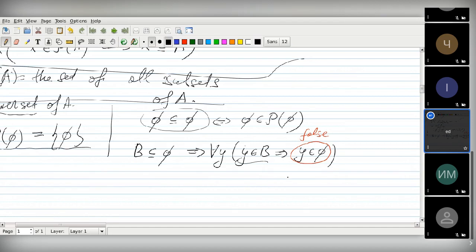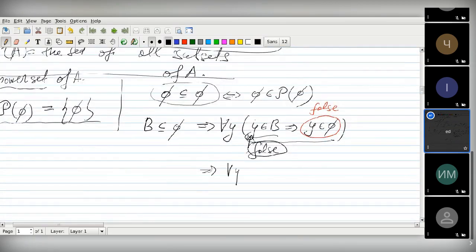From some statement, it follows falsity. May this statement be true? Of course not. If you have an implication which is supposedly true, but its conclusion is false, that means that its assumption must be false as well. So it is possible only when for every y, y is not an element of B. So B is empty.